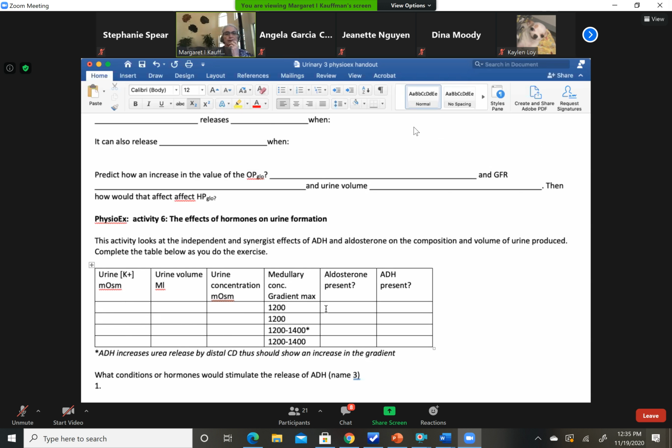So what they're trying to do is vary whether hormones are present or not, and see what happens to electrolyte secretion more than anything. That's kind of what I was trying to focus on in this.